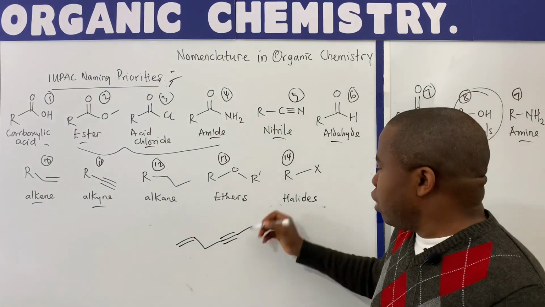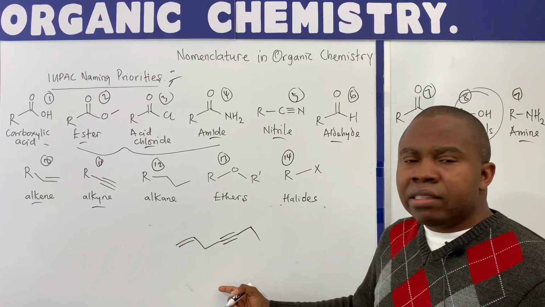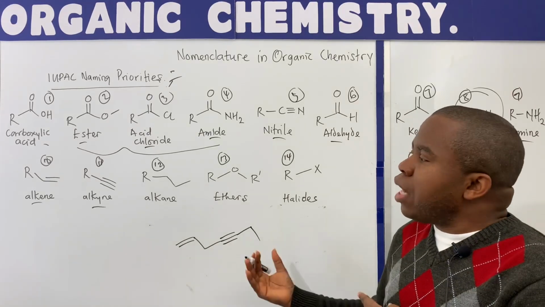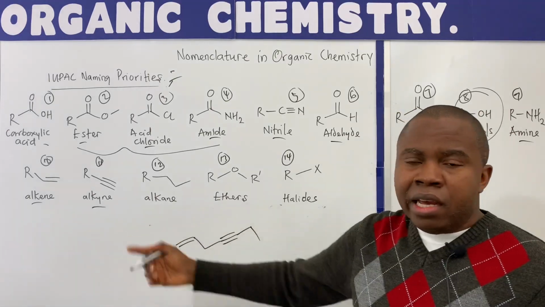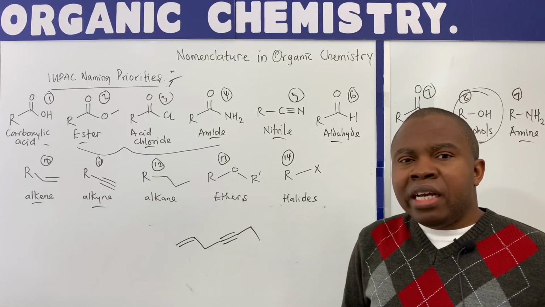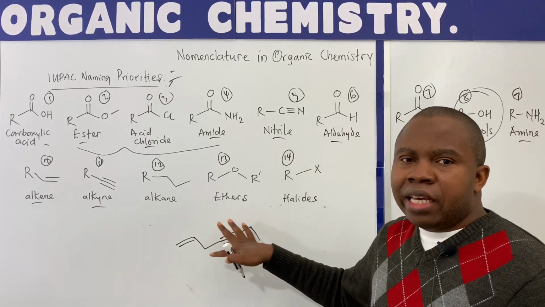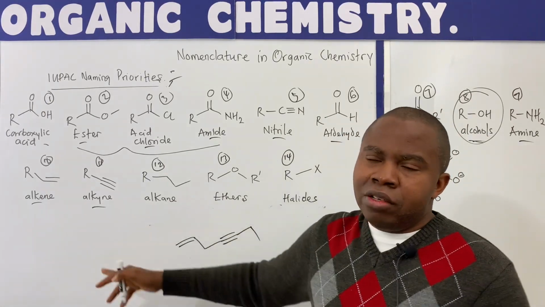Let me make another carbon. So we have something like this. So this is an alkene, this is an alkyne. In the priority, we can see that alkene has higher priority than alkyne. And that does not mean that we're going to say this compound is an alkene and then say this becomes a substituent. It's not going to be possible.